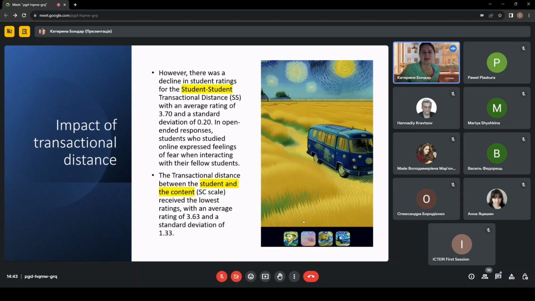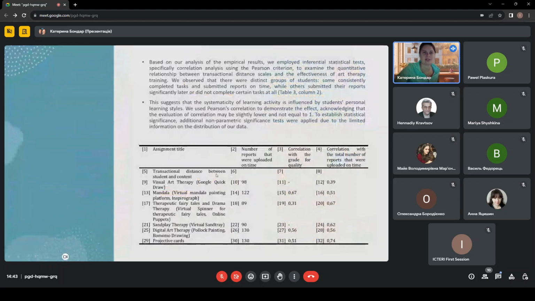And it was most interesting, by the way, for last year's students because there was a big hype about GPT chat.